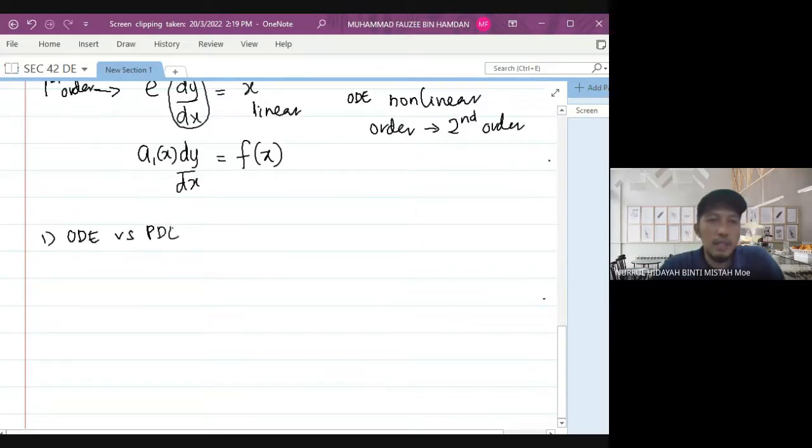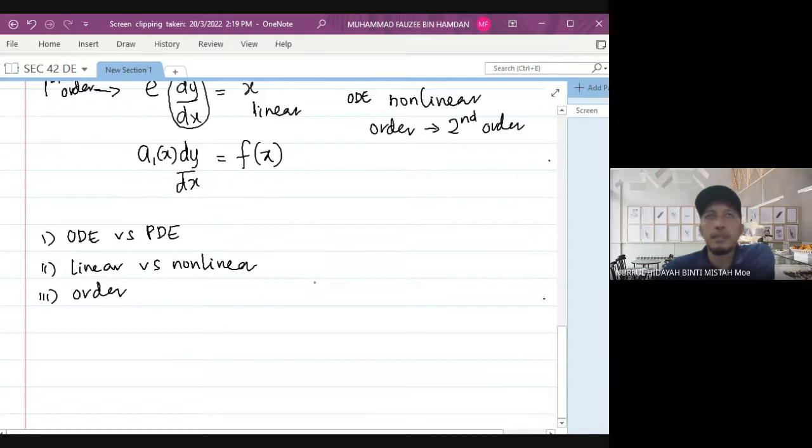Number two, if it is an ODE, identify whether it is linear or non-linear. The third one is the order, identified just by looking at the highest differential coefficient that exists in our ODE.